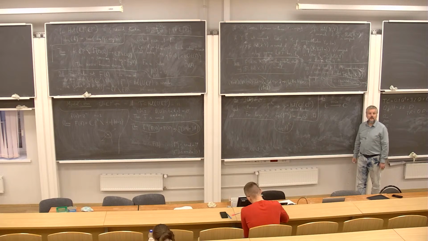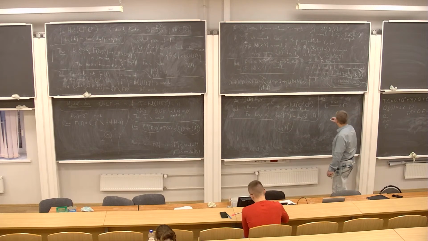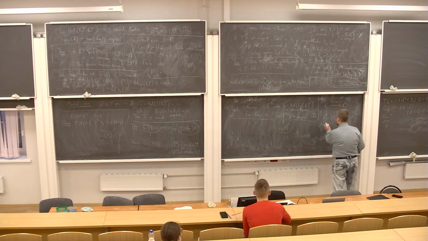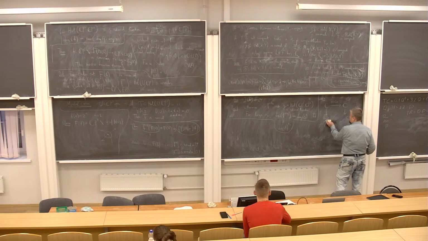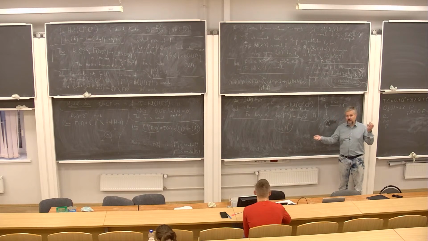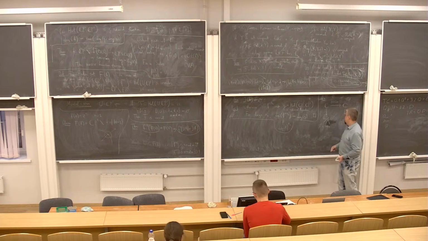Now, let me take the quotient. I want to project C to the torus, say by Z plus iZ. I just choose some lattice, it doesn't matter, just any lattice, Lambda. Lattice means a subgroup generated by two linearly independent vectors, right?